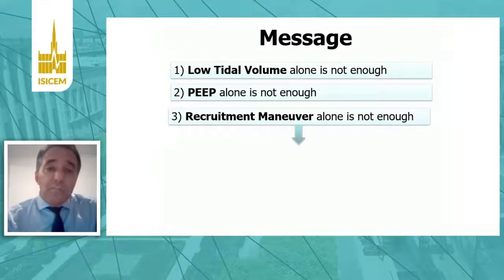So my main message regarding the more recent literature is that low tidal volume alone, probably less than 8 ml per kilogram, is not enough. PEEP alone, probably at 5 centimeters, is not enough either, and recruitment maneuver alone is not enough.